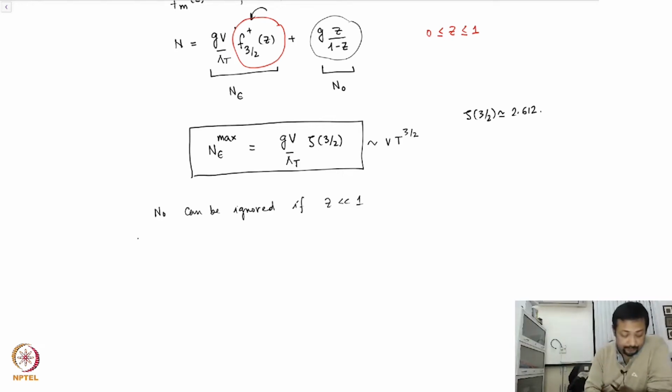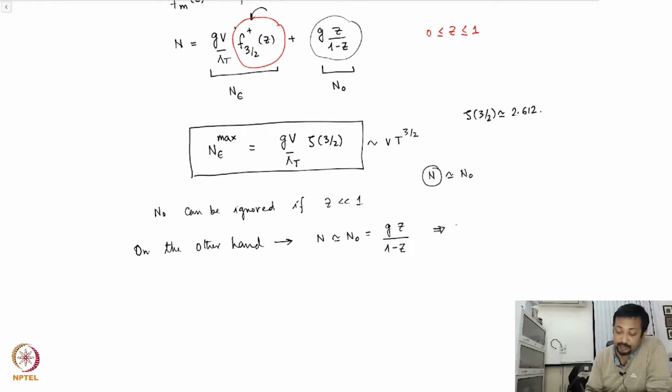On the other hand, if N, the total particle number, is dominated by the number of particles in the ground state, so that N_0 is approximately this, you see what happens to z.